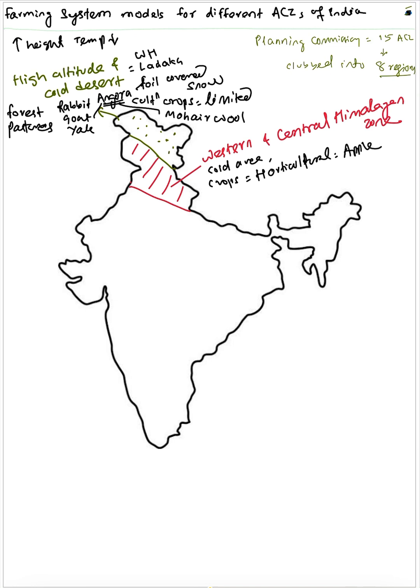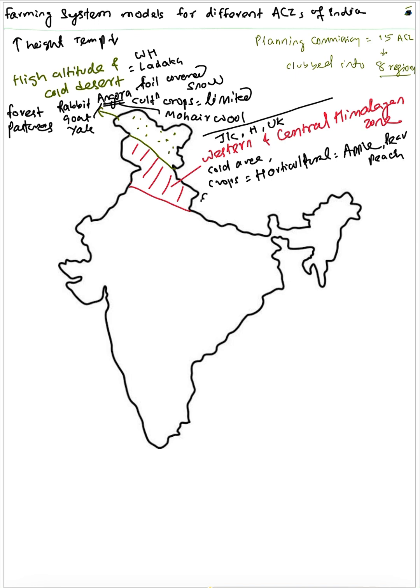Kashmiri apple is very famous. The areas in this region are Jammu and Kashmir, then Himachal Pradesh, Shimla, and also Uttarakhand. Because of the cold area, Kashmiri apple is famous all over India, and we majorly go for horticultural crops like apple, pear, and also peach.